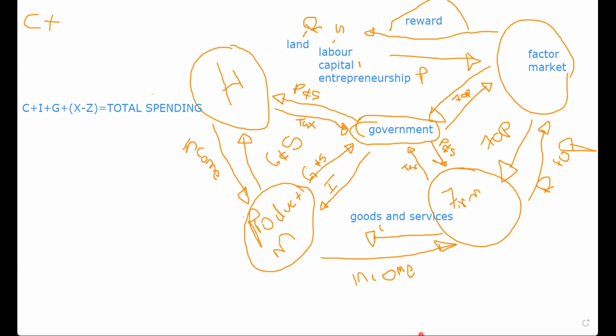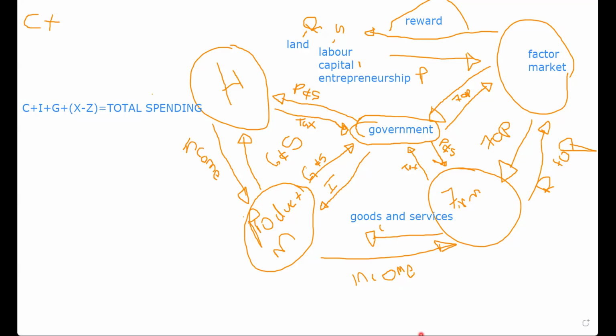And also the government purchases labor from the labor markets, and the government also has to pay the factor markets for having provided it with the factors of production. Then that becomes government expenditure again, because the government is purchasing the factors of production.